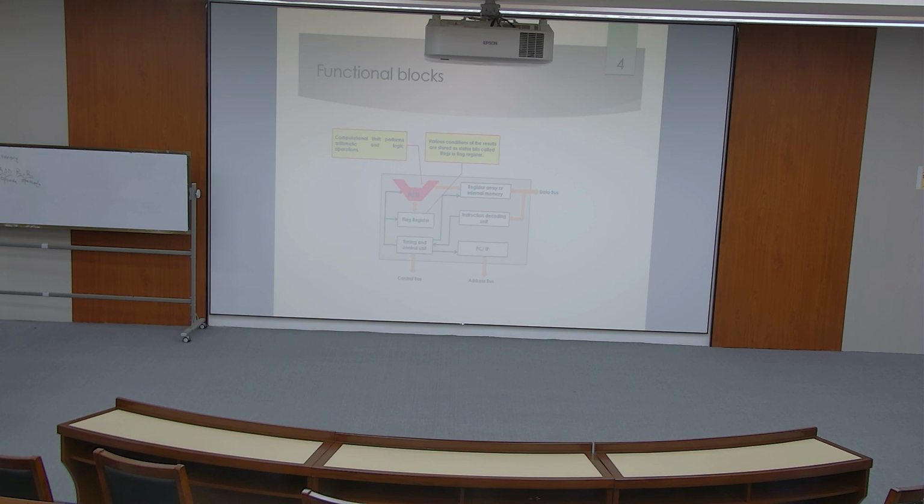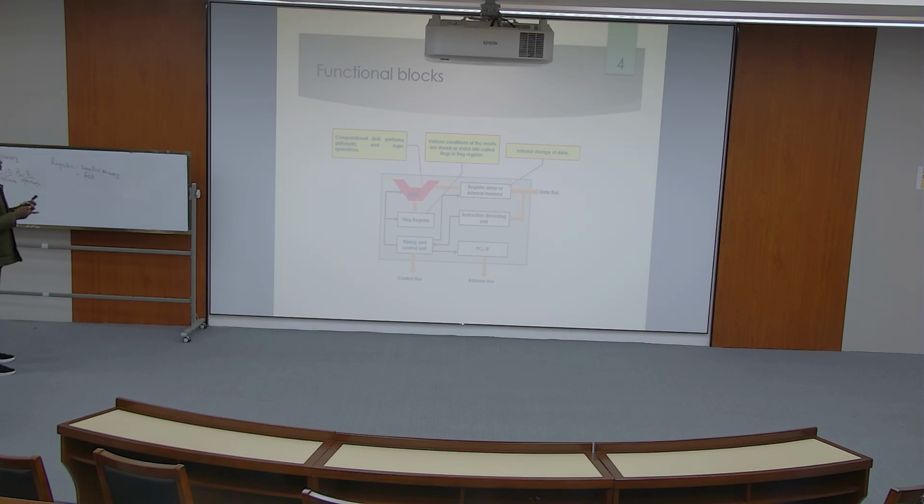These store the various conditions of the result, the status bits, which we call flags. Another key component is the register array. These are really small memories integrated in our microprocessors. They are the smallest memory in our computer system, but they are very, very fast.